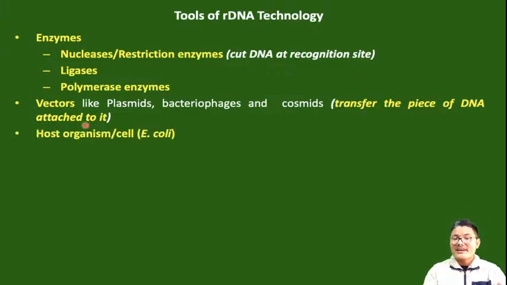We have seen the animation earlier, so I hope you are able to follow what we are trying to understand here. We also have seen E. coli as the host cell or host organism into which we have introduced our DNA, right? So these are some of the tools involved in our DNA technology. These are key requirements for doing genetic engineering work.